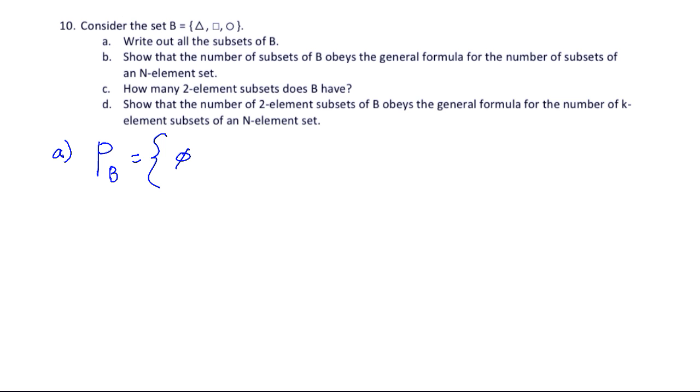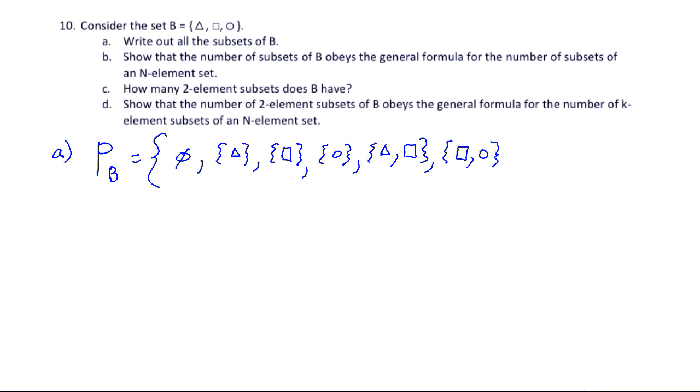And so it's going to contain the empty set. It's going to contain all the singletons: the triangle by itself, the square by itself, and the circle by itself. And then it's going to contain groups of 2: the triangle and the square, the square and the circle, and the triangle and the circle.